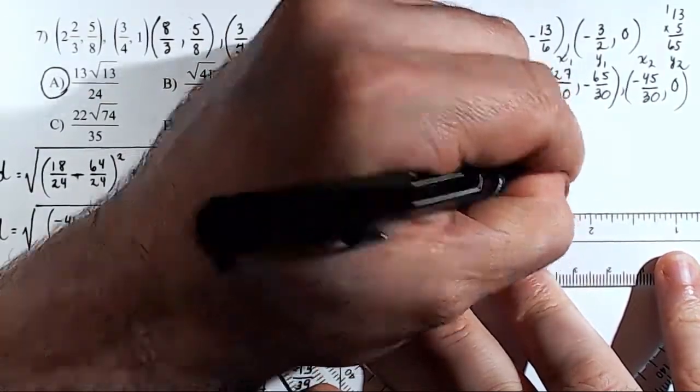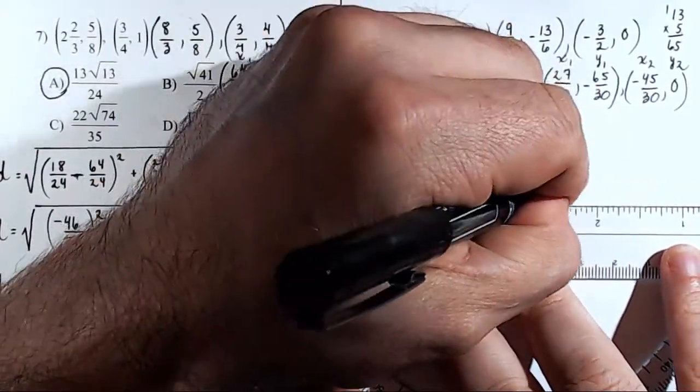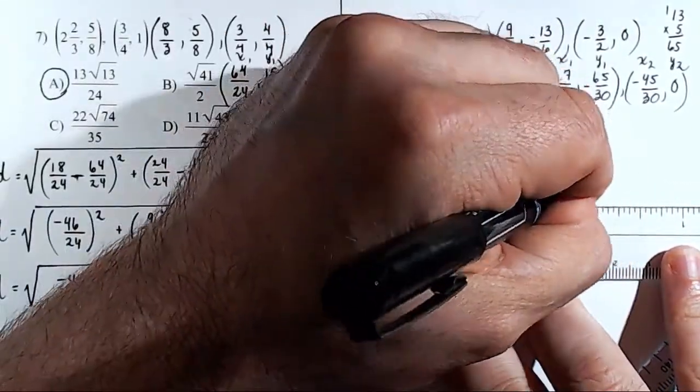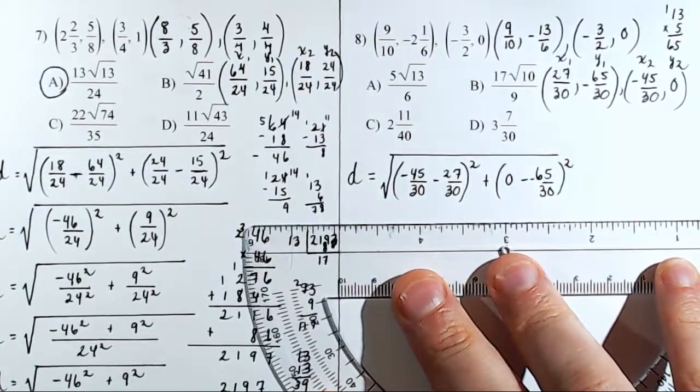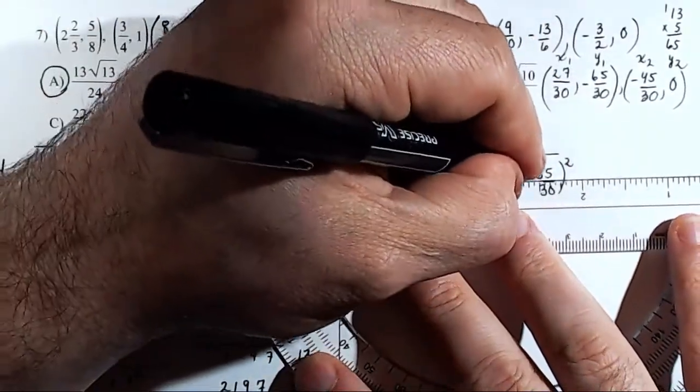Almost made a mistake there. Minus 65/30ths squared. All right. So minus minus is a plus.